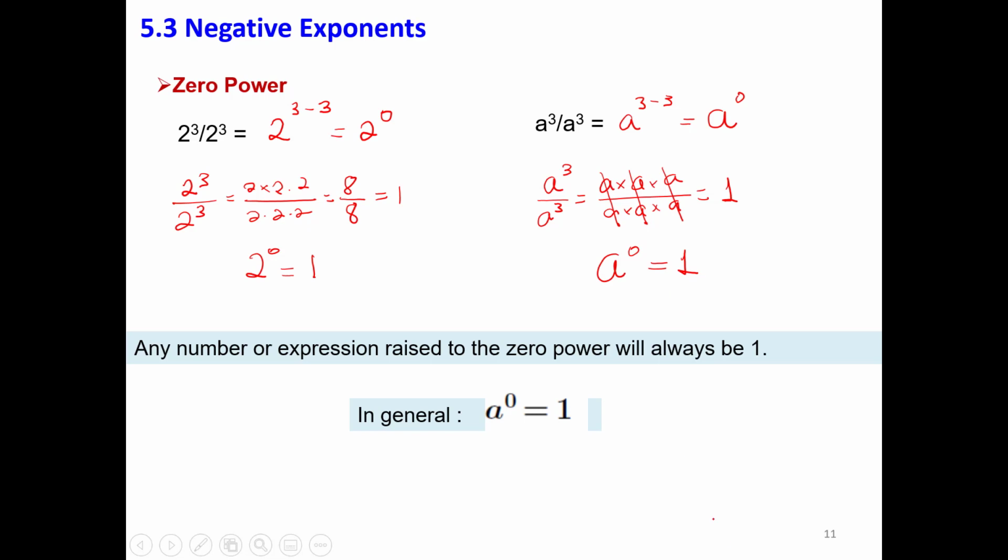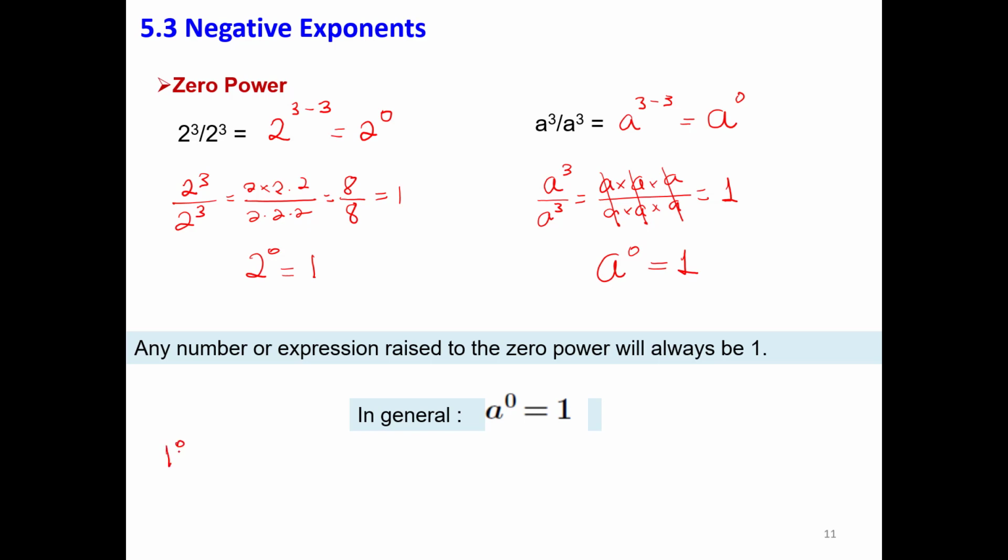Then what we can conclude from these two problems is any number or expression raised to the 0 power will always be 1. Yes. Any number, any expression raised to the 0 power will always be 1. In general, any number, any expression to the 0 power equals 1.